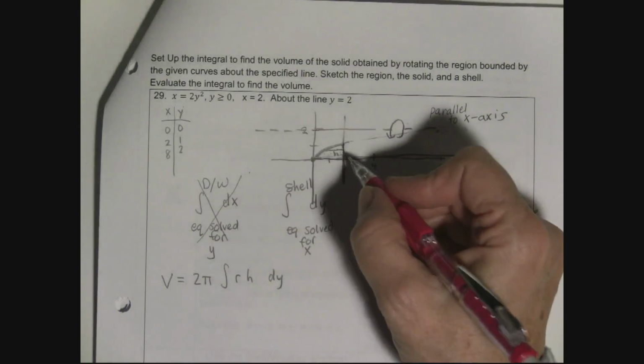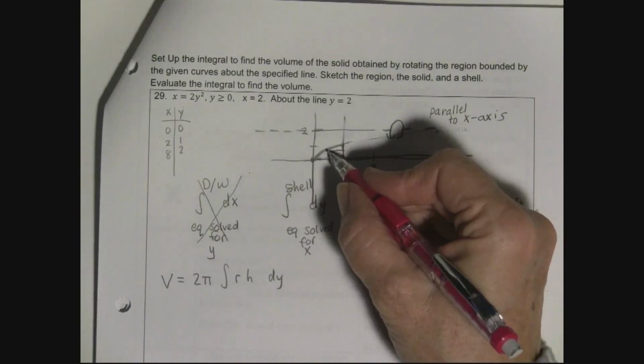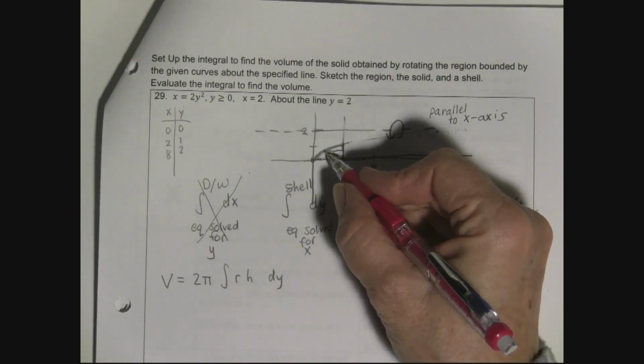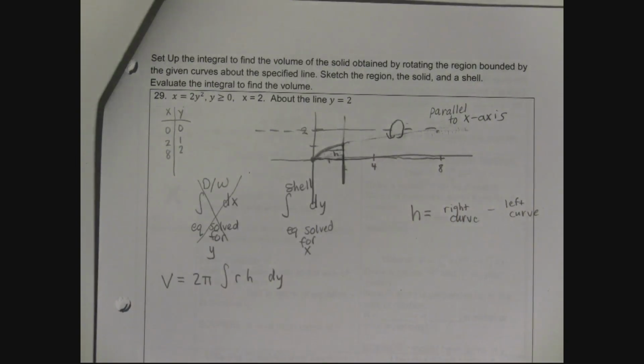So I'm going from this line right here, which is x equals 2, over to that curve right there, right? And remember, it's right curve minus left curve, so it's 2 minus 2y squared.